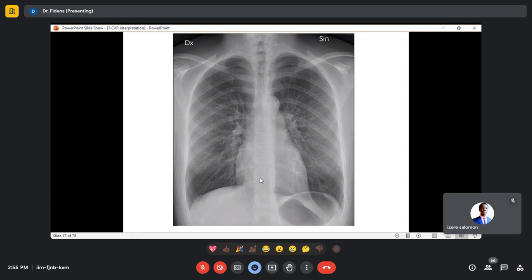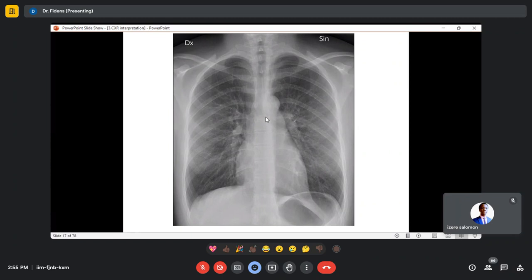But even if 1 or 2 of the qualities are not as good as you wanted, it doesn't mean that you are not able to interpret. Like for the penetration, this is slightly over penetrated, because I can see the vertebral bodies. It looks like they have used a lot of kVp, because I can see the vertebral bodies, even the intervertebral disc space, very well through the heart shadow.